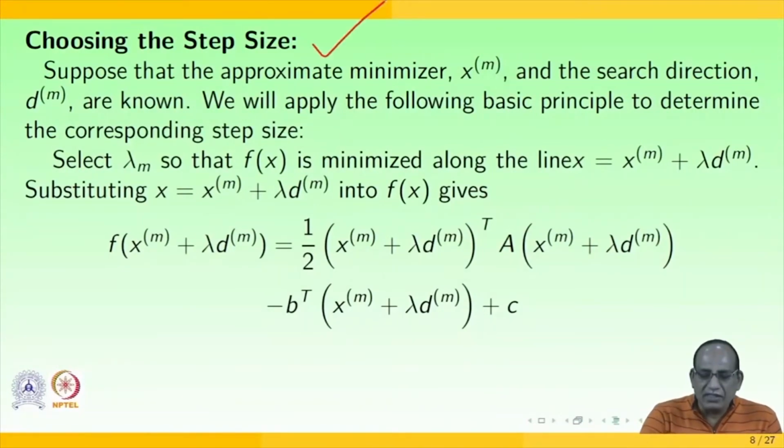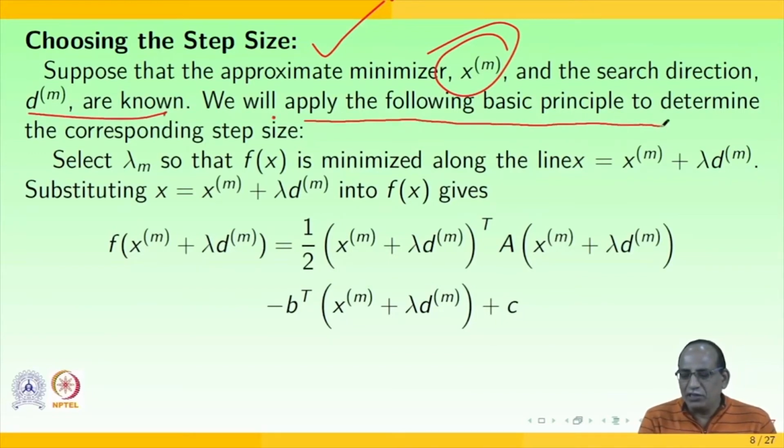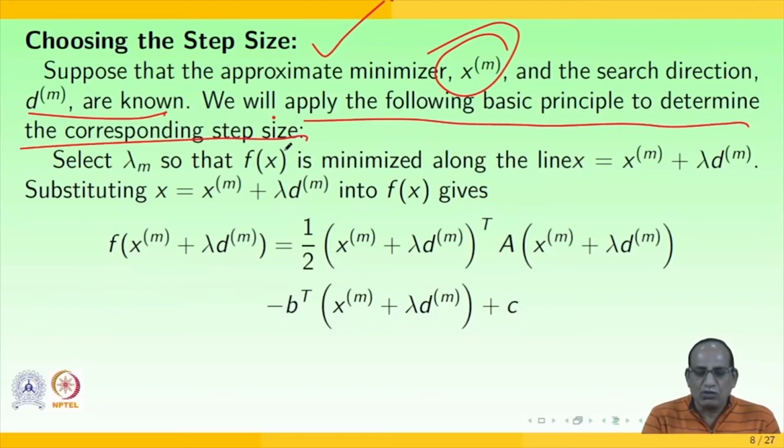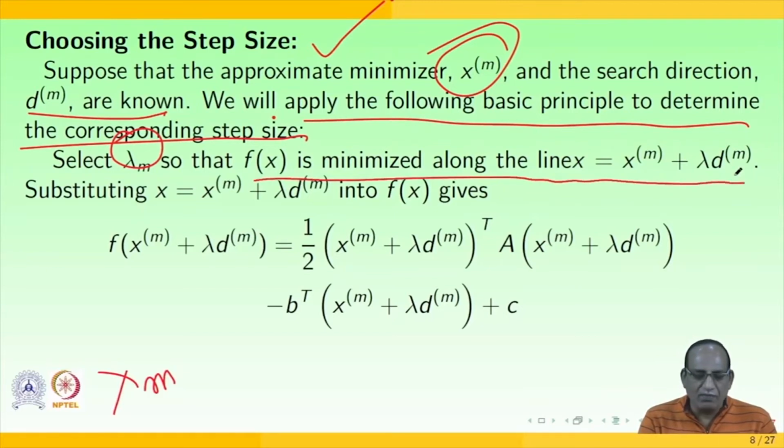Choosing the step size: suppose that the approximate minimizer x of m and the search direction d of m are known, we will apply the following basic principle to determine the corresponding step size. We will select lambda m so that f of x is minimized along the line x of m plus lambda times d of m.